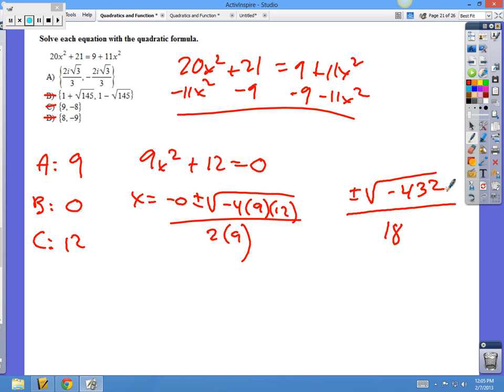So look, you could stop right here. The work is done, because at this point you know the square root of a negative 432 has got to be imaginary, and your only option that has an imaginary is A. So if you use street smarts, you're done.